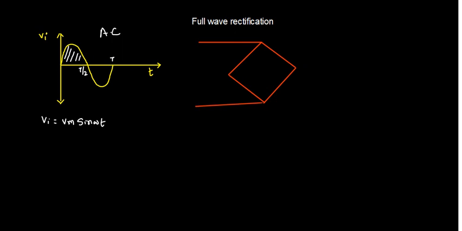So this side is the input side, and over here I'm going to draw the diodes. Here we will connect our load resistance. So one diode will be here, another here, one here, and a fourth one here. Let me draw all the diodes.